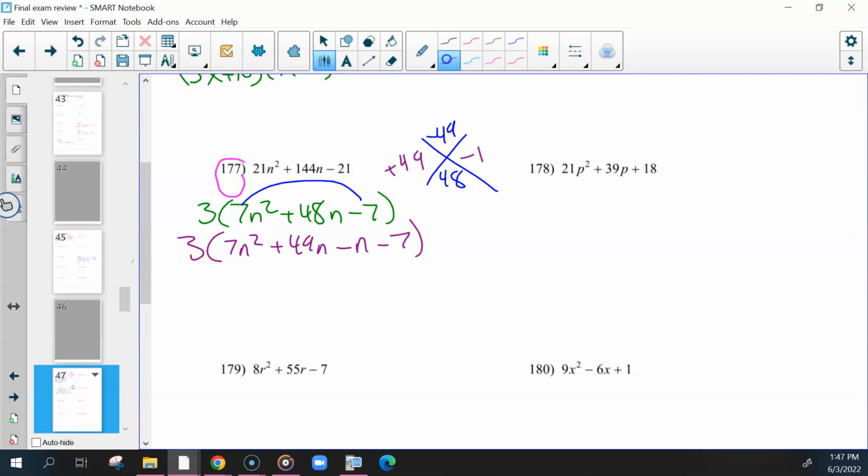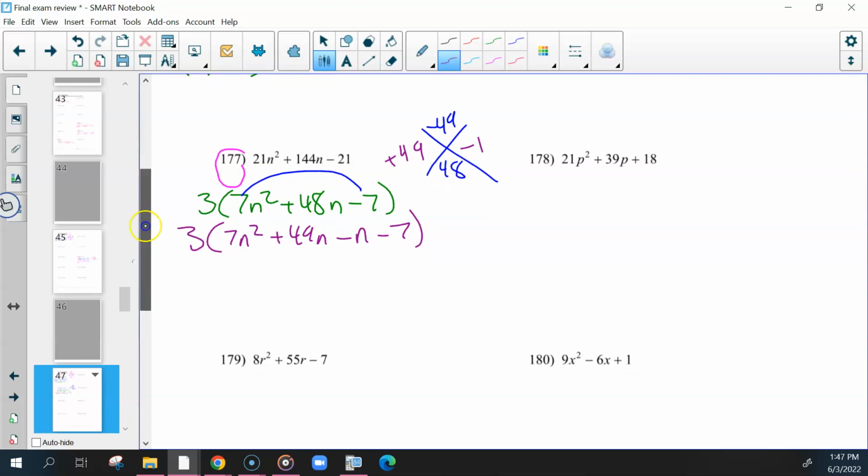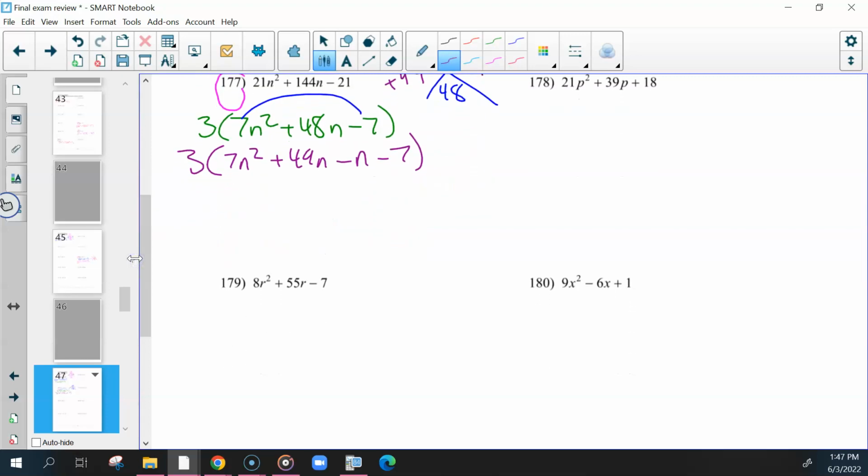And now we're back to factoring by grouping. These first two, I can divide out 7 and n. If I do that, we have n plus 7 left. Of these last two, we can divide out a 1, but this is negative, so negative 1.